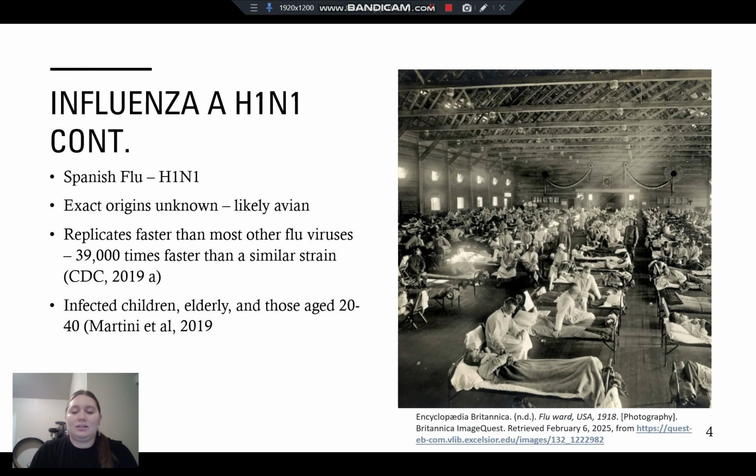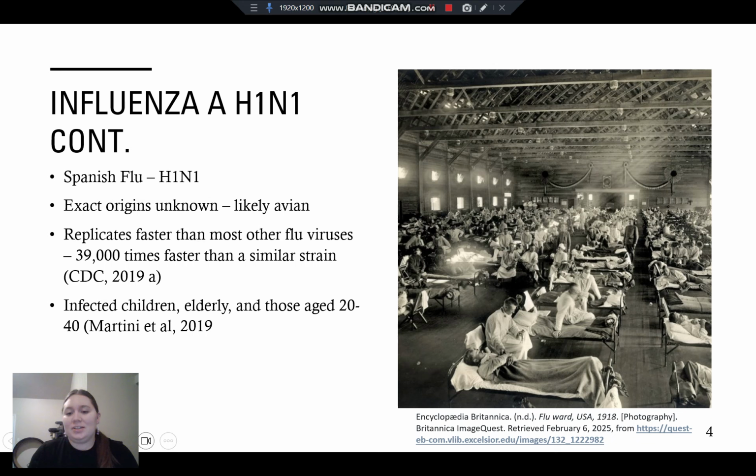And then it does replicate faster than most other flu viruses, so that's probably one of the reasons why it was able to spread to so many different people. In one study, it was found that it replicated 39,000 times faster than a similar strain of the flu. And then once again, it infected children and the elderly, but mostly those aged between 20 and 40.